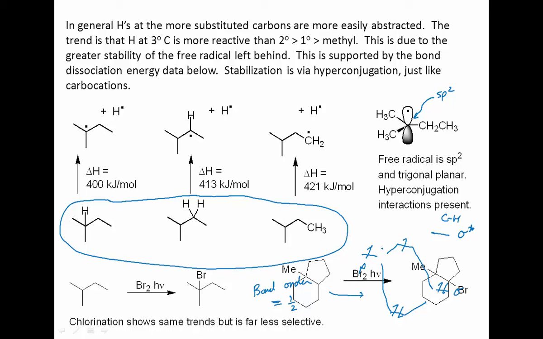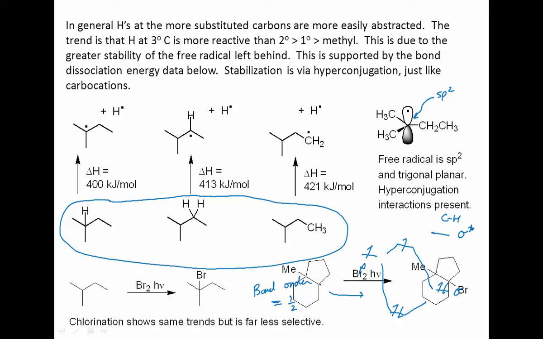We're going to just predict the products of these reactions. These are brominations. The one on the left here, you can see that with this compound right here. Actually, this is the same compound here. We would predict that bromine and light would provide predominantly the compound where bromine is at a tertiary carbon.